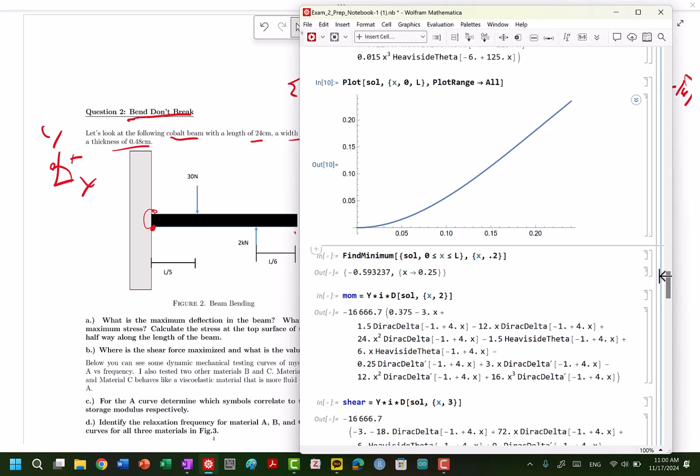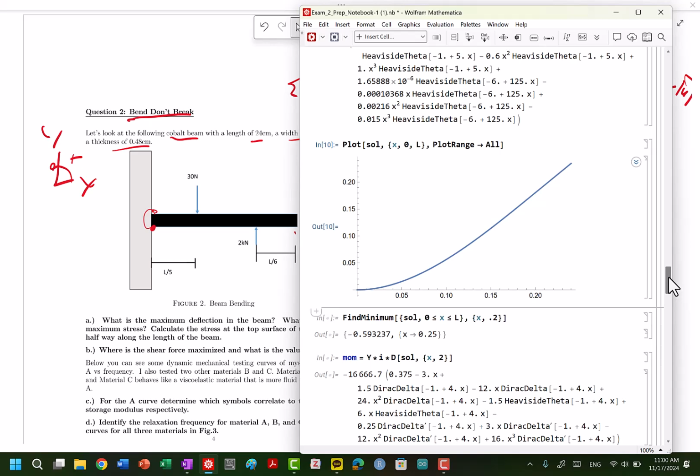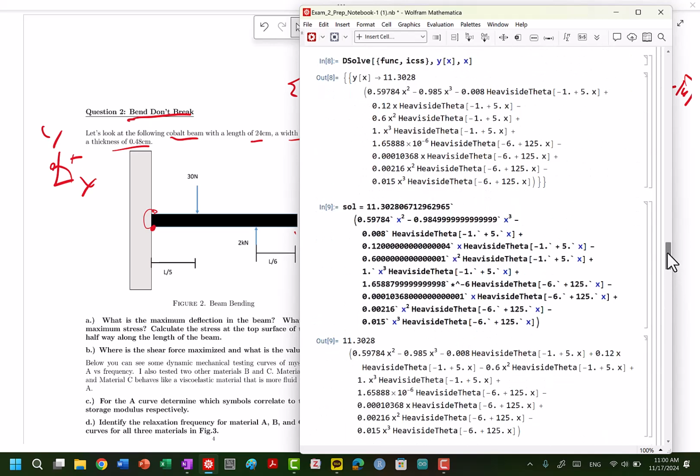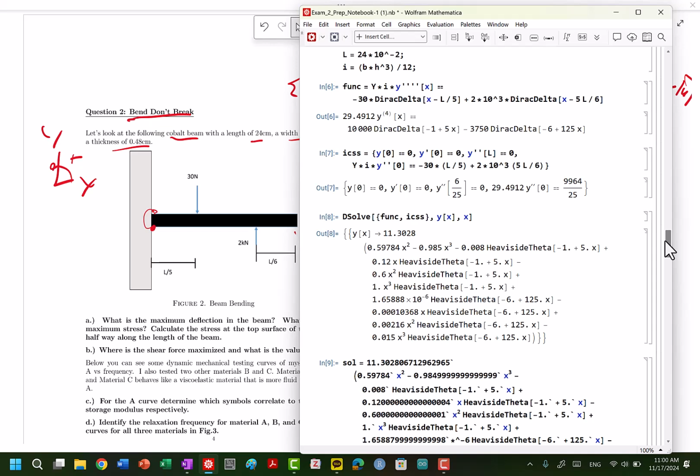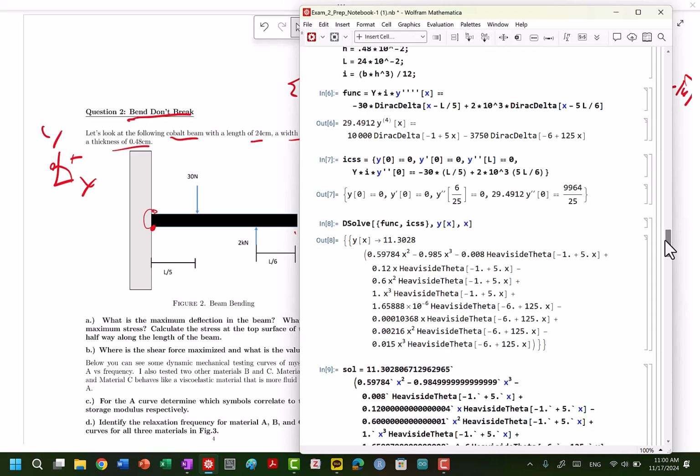Oops, I almost guaranteed I was going to have an issue here, because when we solve for the moment, we have to make this moment equal to, this is a minus, because it's going to go like this, the moment will oppose, so I need to set this to minus.